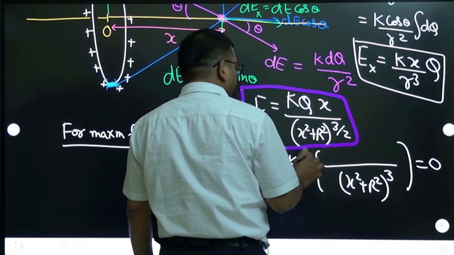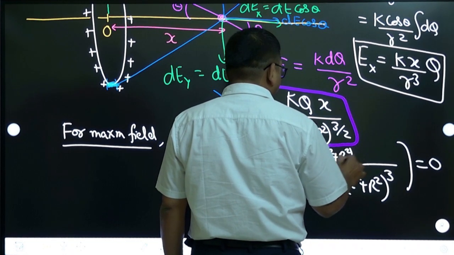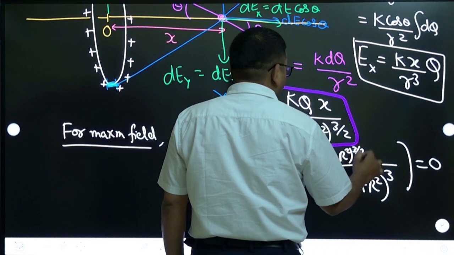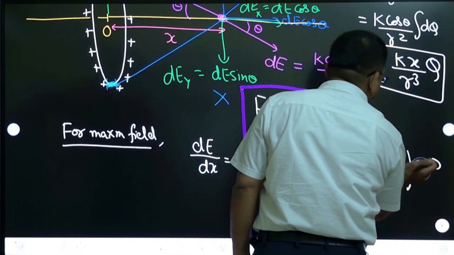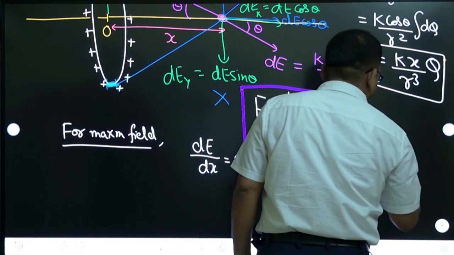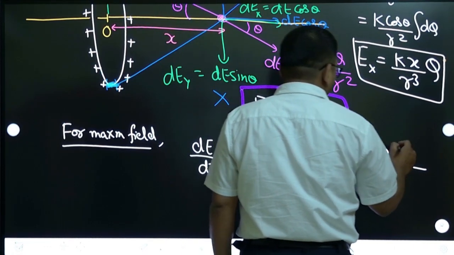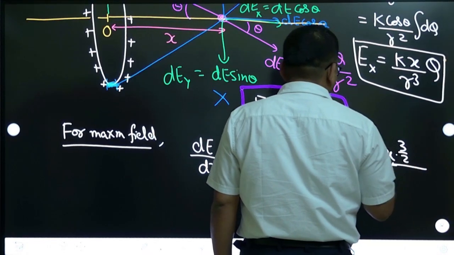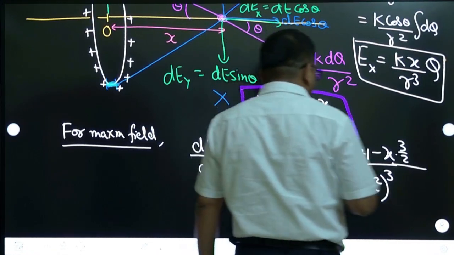Then leave the denominator, x square plus r square to the power 3 by 2, and differentiate the numerator, which is 1, minus leave this x and differentiate this: it is 3 by 2, this power minus 1, so do that.